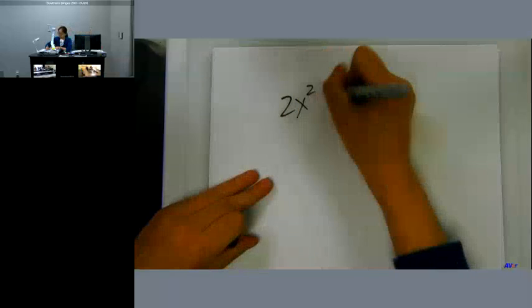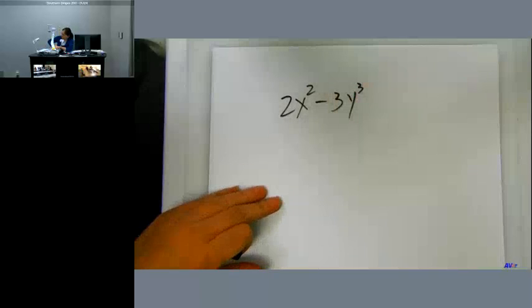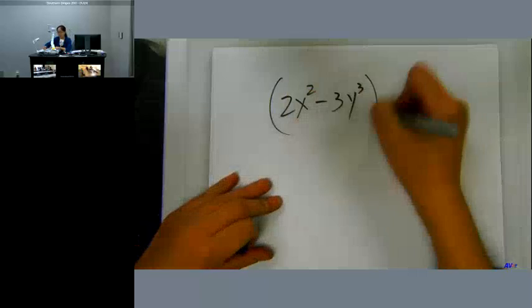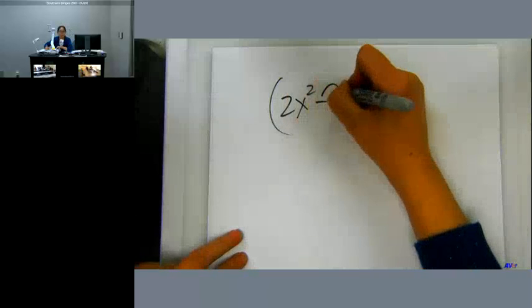If there's a negative in the problem, you will associate that negative sign together with the second term. For example, if you have 2x squared minus 3y to the third, remember the minus always goes with the next one.